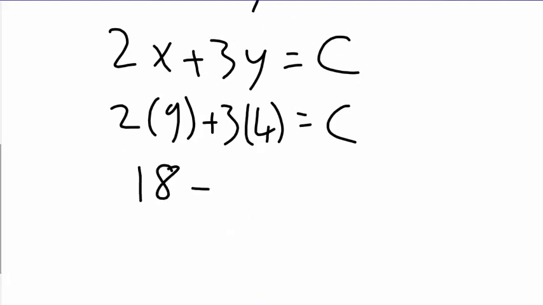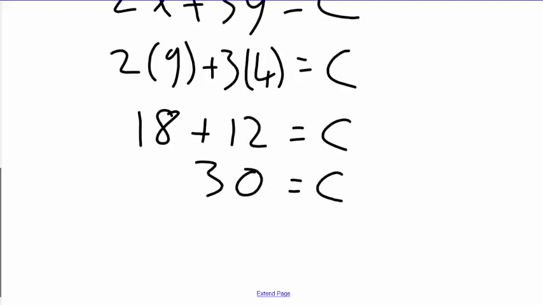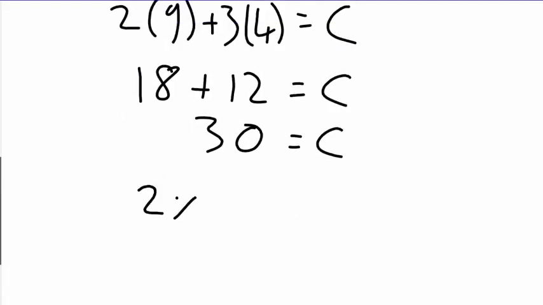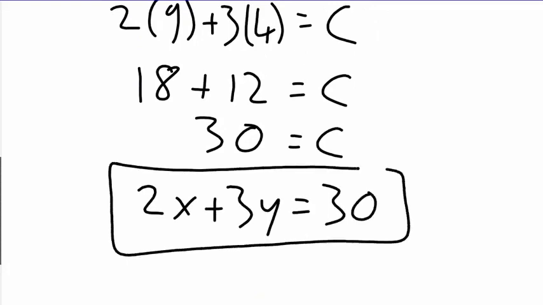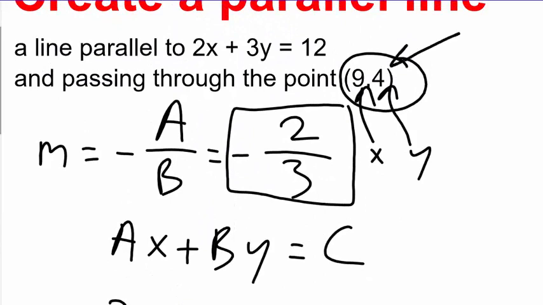That's 18 plus 12 equals c, and c is 30. So in standard form, the equation 2x plus 3y equals 30 is parallel to 2x plus 3y equals 12 and passing through (9, 4).